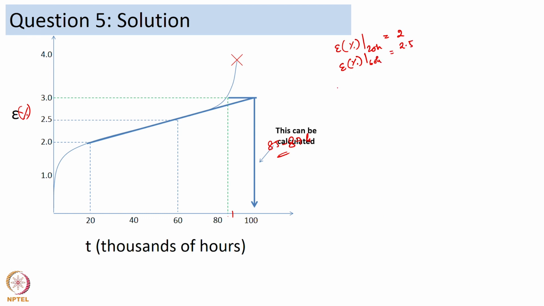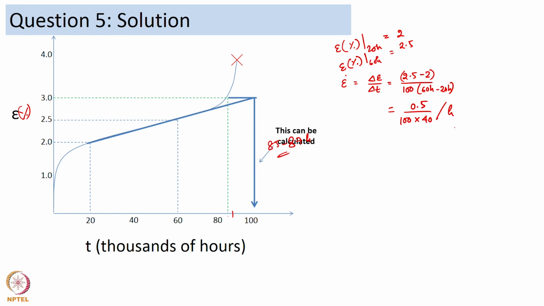So, the strain rate of deformation in steady state is equal to delta epsilon by delta t. So, that becomes 2.5 minus 2 divided by 100, and then delta t is 60 hours minus 20 hours. So, that is equal to 0.5 divided by 100 into 40, and this is on a per hour basis.